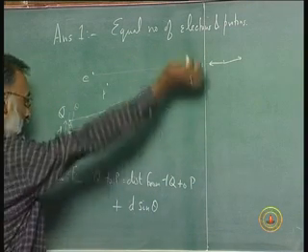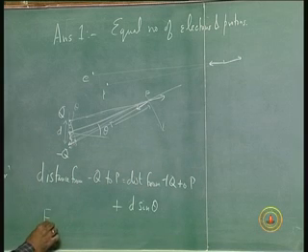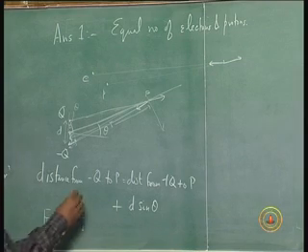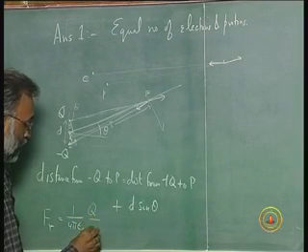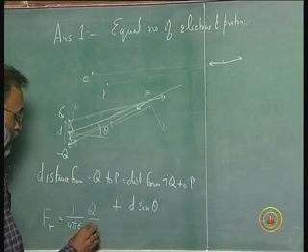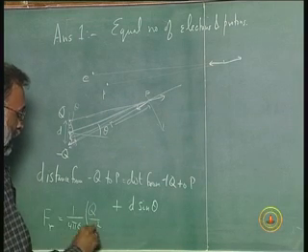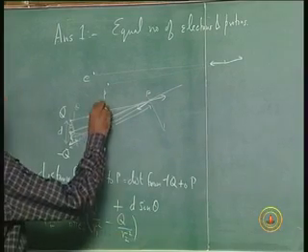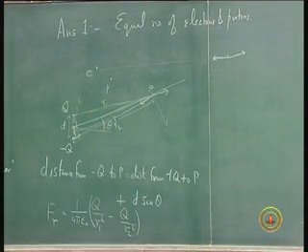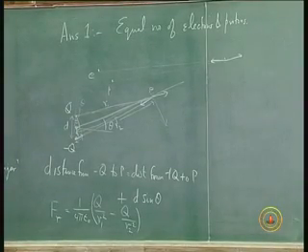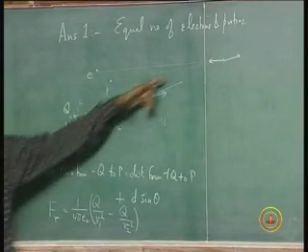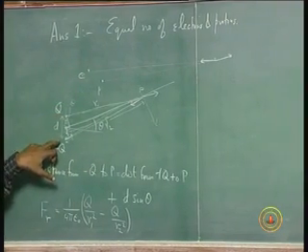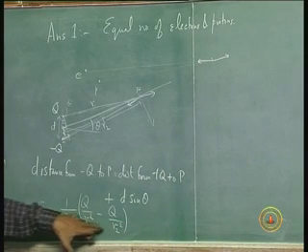But the force along the radius, F sub r, is equal to 1 over 4 pi epsilon 0 times q over r1 squared minus q over r2 squared. So, this is r1, this is r2. In other words, the force along the radial direction is due to the fact that one charge is nearer, one charge is further away. So, the 1 over r squared is not the same.